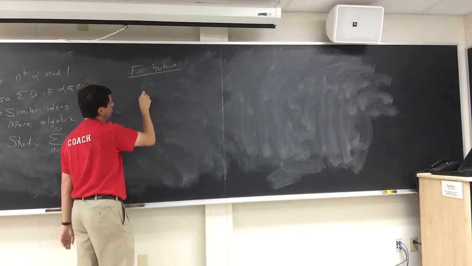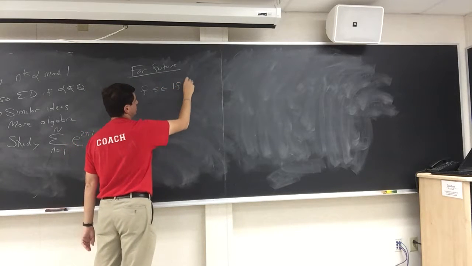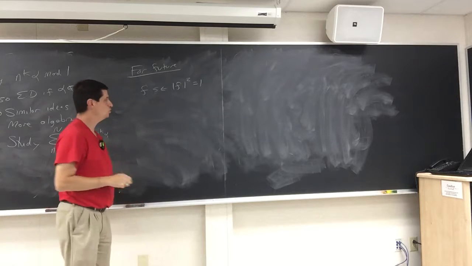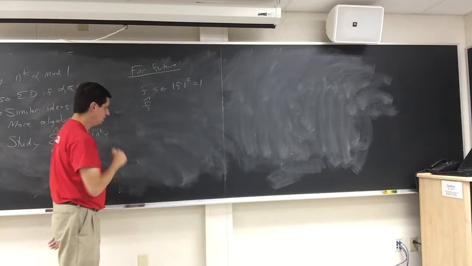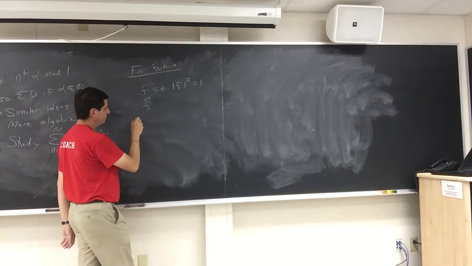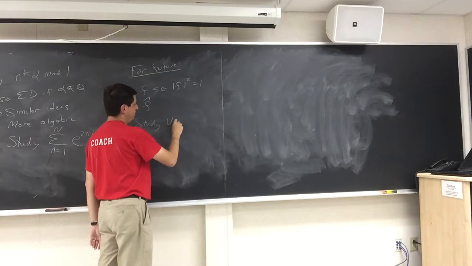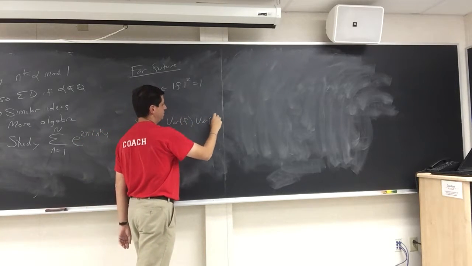So if I have some function f, such that the absolute value of f squared integrates to 1, I'll have f hat. And what we will study is basically the variance of f and the variance of f hat.